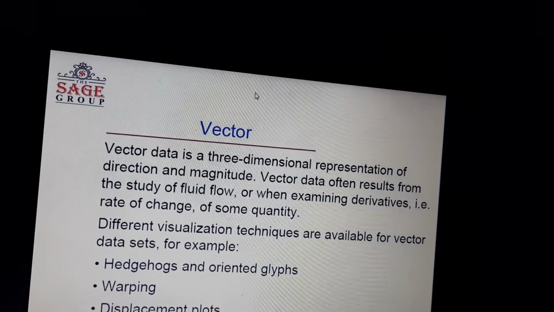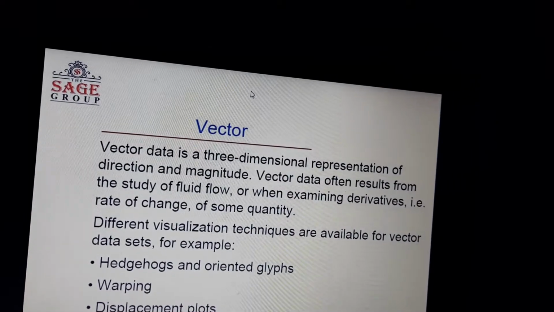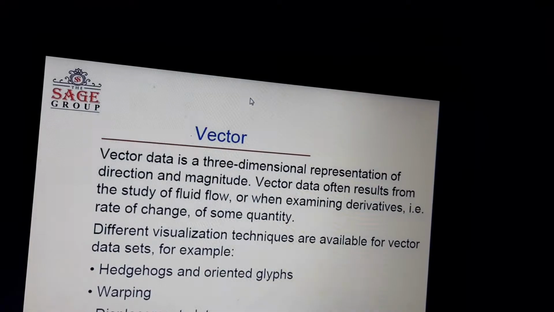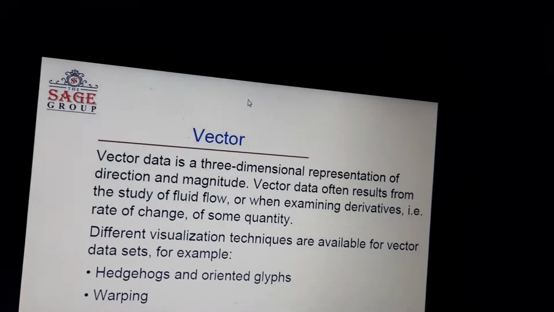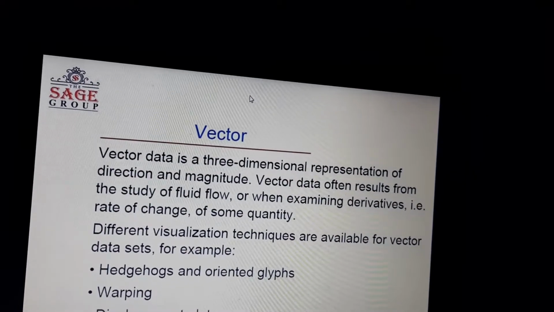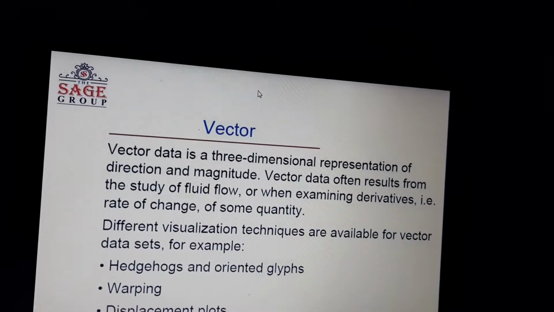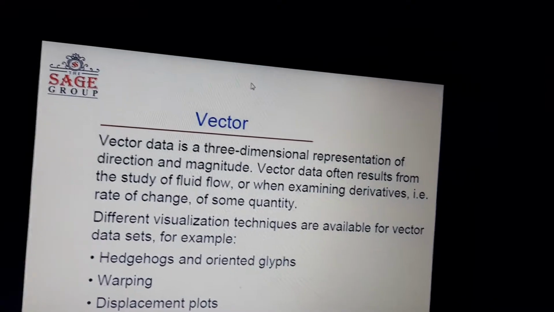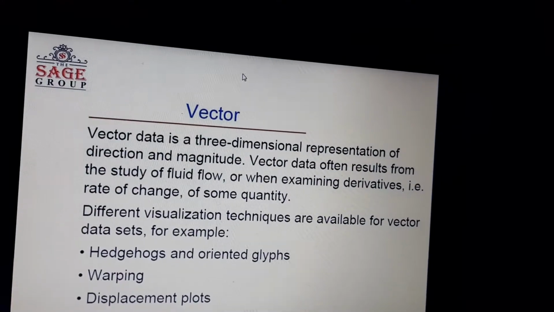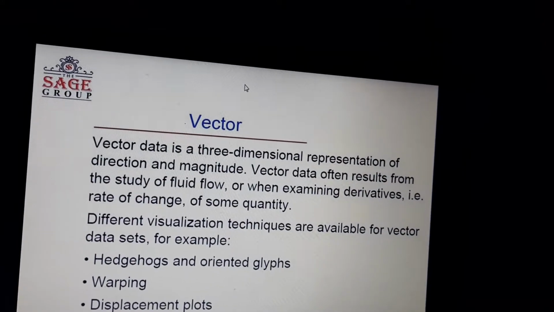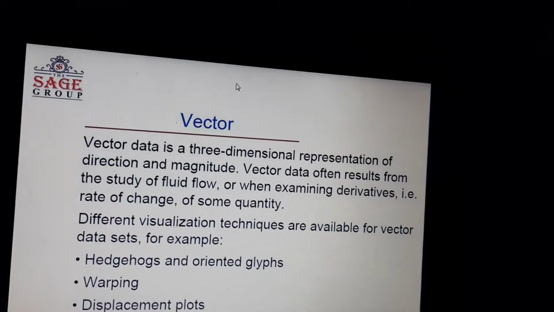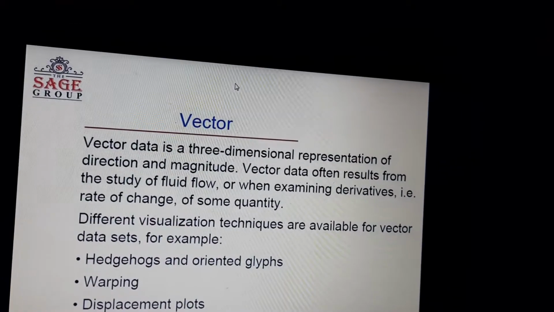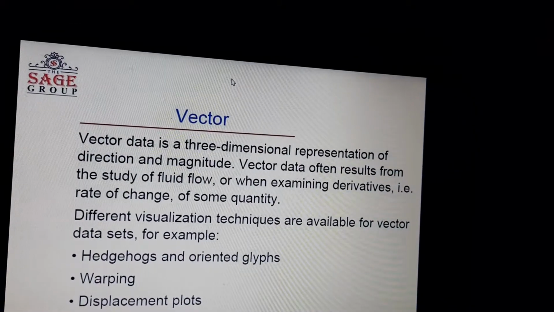When a normal data value is represented with some direction, then it is called vector data. Vector data often results from the study of fluid flow or when examining the derivatives, rate of change of some quantity like this. Okay, these are the examples of vector data which we would like to visualize.